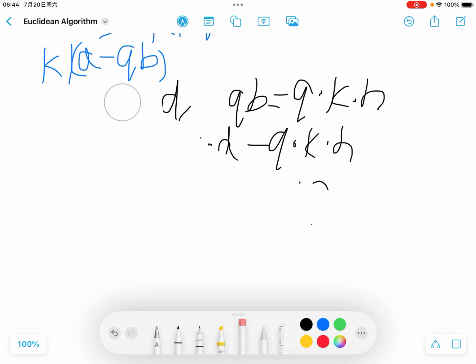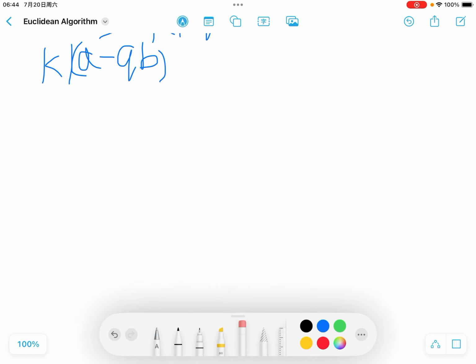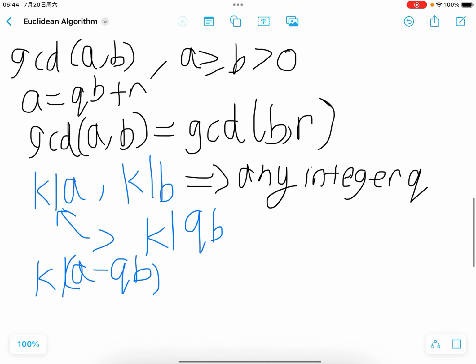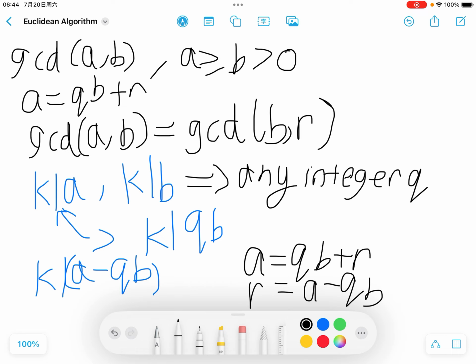So since A minus QB is divisible by K, and if you scroll back up, we've assumed that A equals QB plus R. If we rewrite that equation, we get R equals A minus QB.